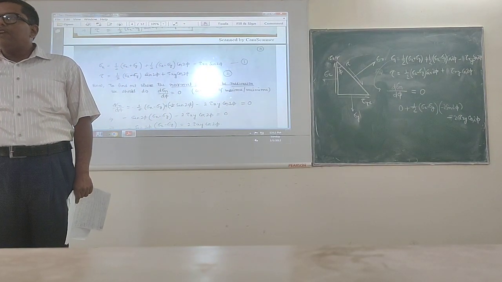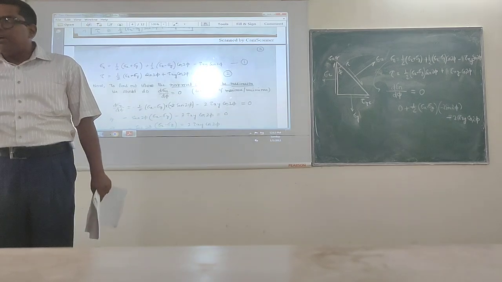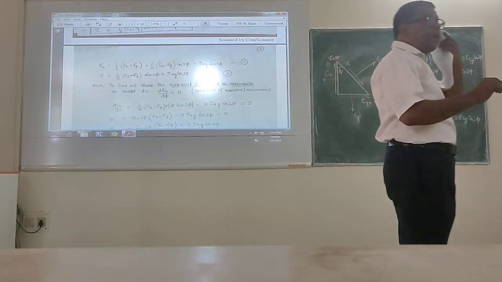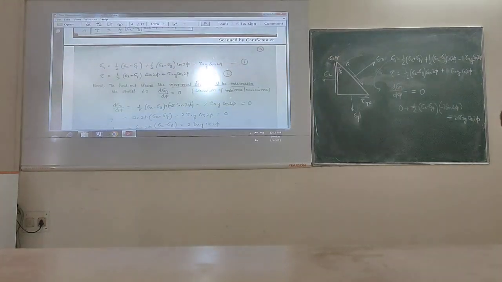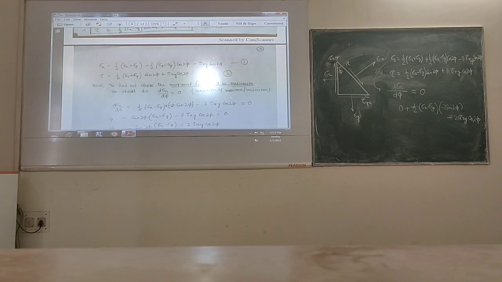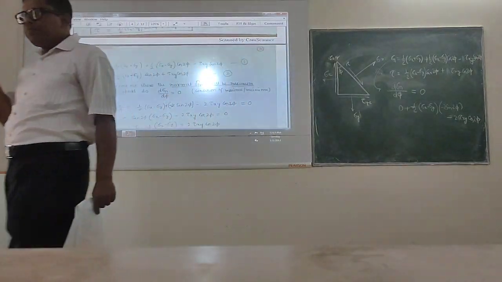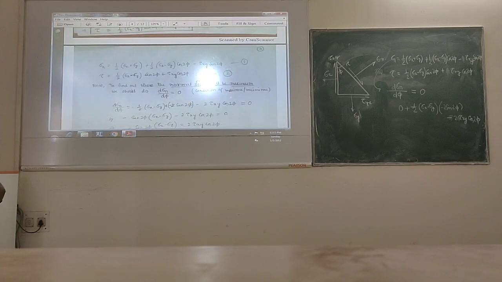We are differentiating with respect to phi because we want to know the location of the plane, and the location of the inclined plane is defined by the value of phi, right? So we are differentiating d sigma n by d phi and equating it to 0 for maxima and minima.